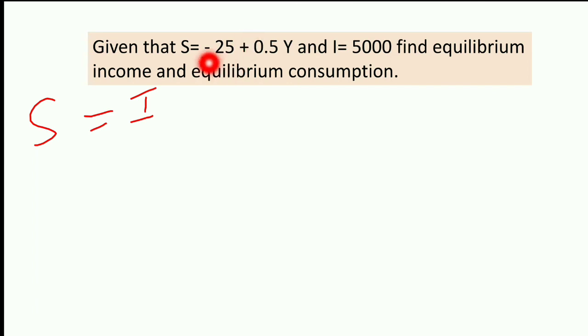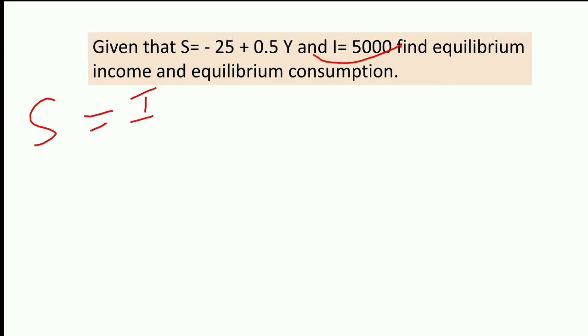What we have to do over here, you all know that at the point of equilibrium, your saving is always equal to investment, all right? And also it is given that saving is equal to minus 25 plus 0.5 Y, right?